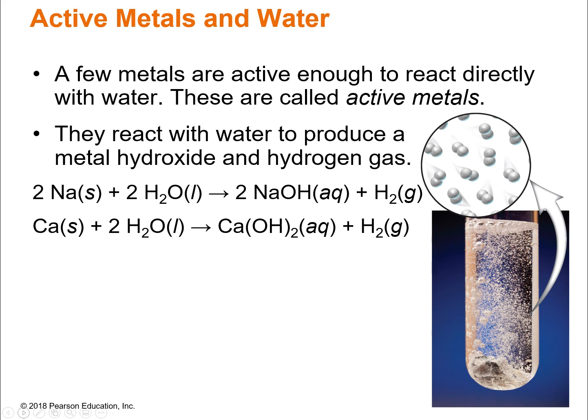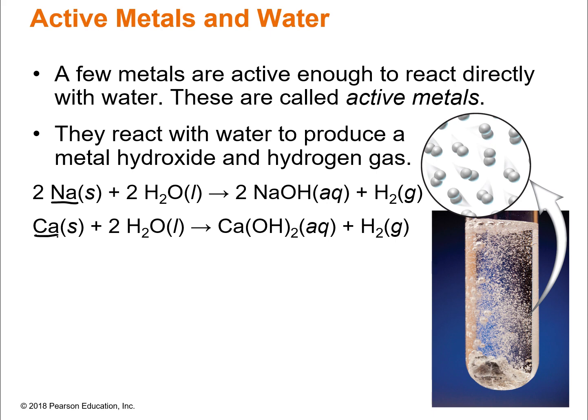The last type of single replacement we're going to talk about is an active metal plus water. Some metals are active enough to directly interact with water. These metals are super duper active. So group 1, like sodium, and you can also have some group 2s like calcium.